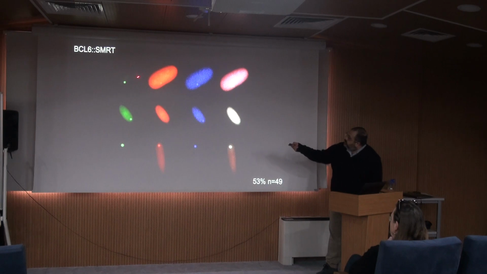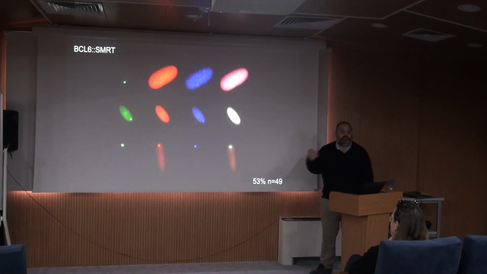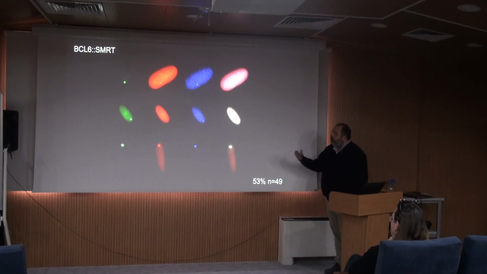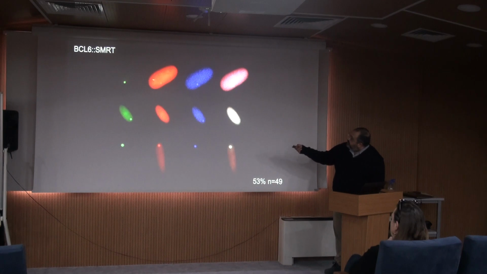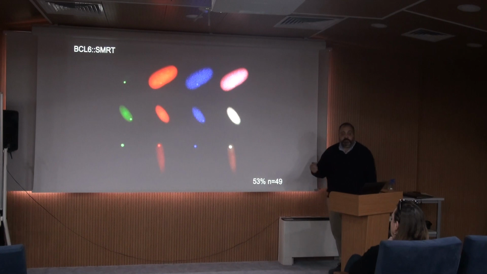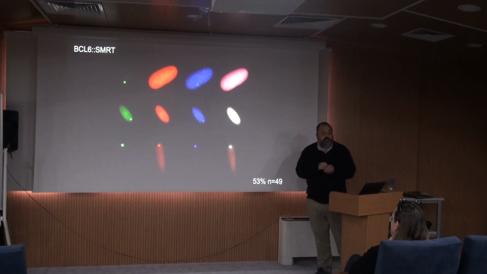You see that there's GFP that's not in the focus because probably there's more GFP than the Lac repressor, so not everything is recruited to the focus. But in the red channel, you see that there's a lot of red in the cell, but there's a red focus. So that is dependent on the BTB homodimerization of BCL6.